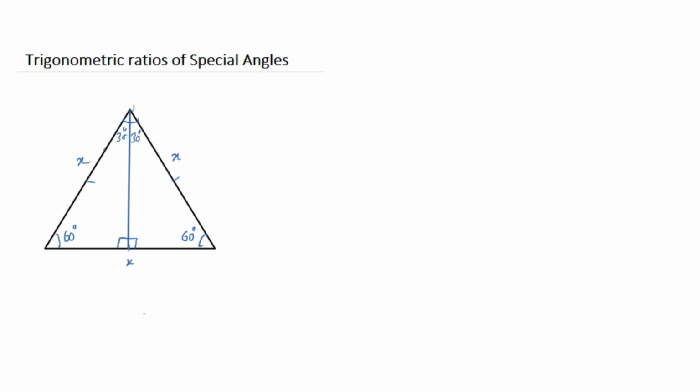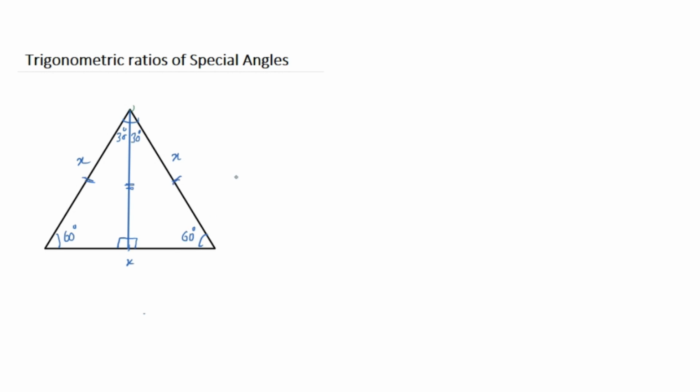Plus, since this side is equal to this side, both are x, by ASA these two triangles are congruent. Or we can also say that we have got a right angle triangle, we have got the hypotenuse, and this side is common in both the triangles. So both these triangles are going to be congruent by the RHS condition also.